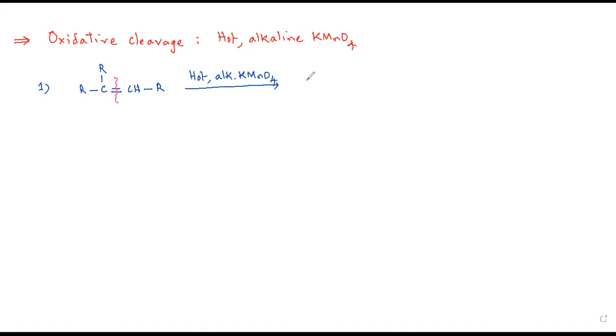You will be getting a ketone from this end and an acid, same as oxidative ozonolysis. Let me write that. And this reaction with the hot alkaline KMnO4 is very important. Okay, this is what we get.